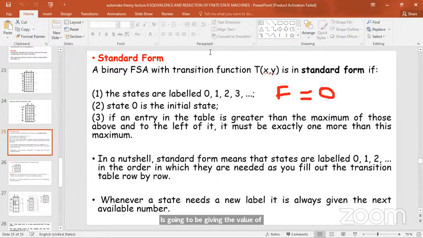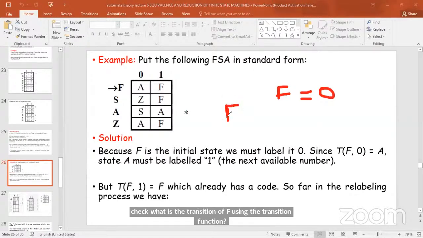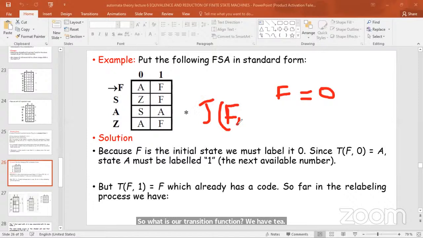So once we have identified that, the next thing we will do is to check the transition of F using the transition function. So you have F, because you have identified it as the initial state. What is our transition function? We have T. When you are at F and you receive an input 0, where do you move to?